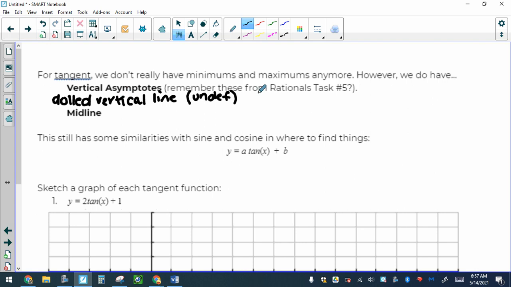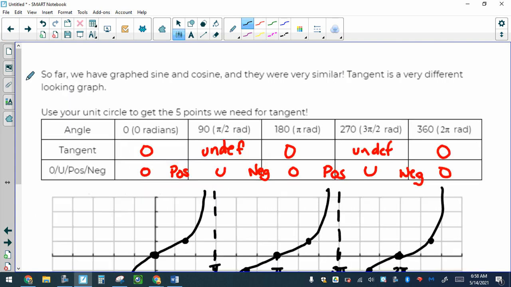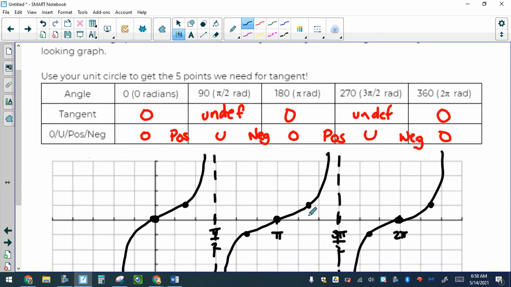For tangent, these happen at pi over 2 and at 3 pi over 2. And then we also have our midline, and the midline is exactly what it was for sine and cosine. This is the horizontal middle. So that's where this 0 line takes place down the center.